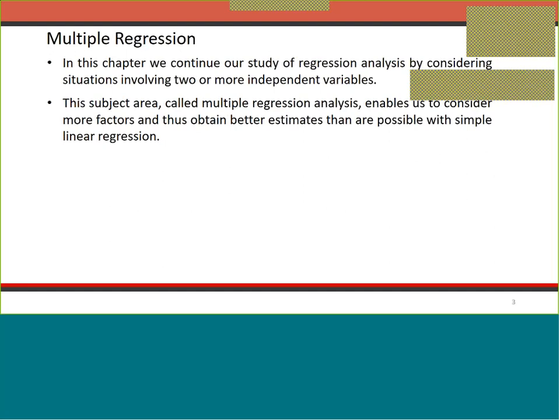That's why it is called multiple regression. The advantage of including more independent variables is that it enables us to consider better estimates than are possible with simple linear regression.